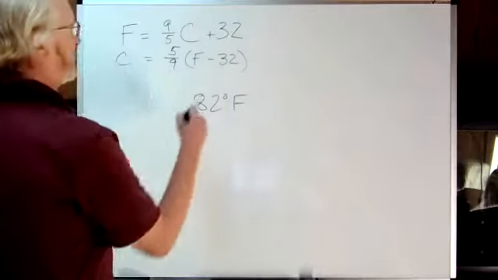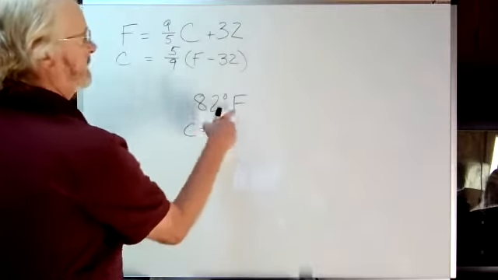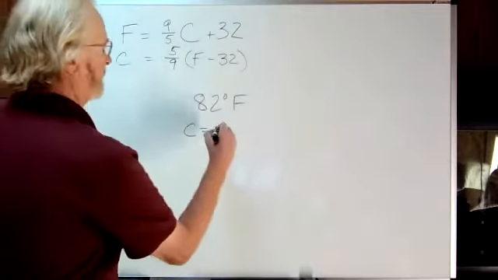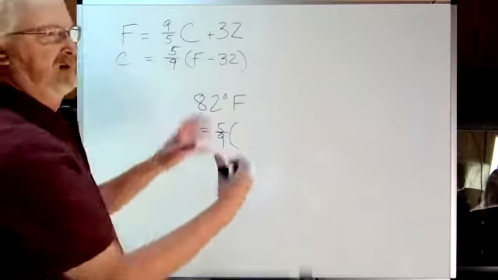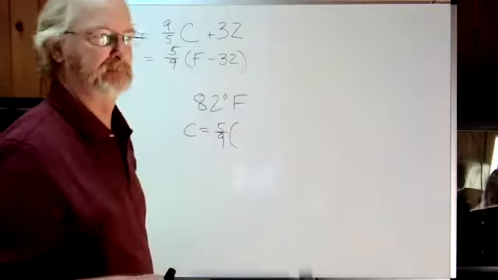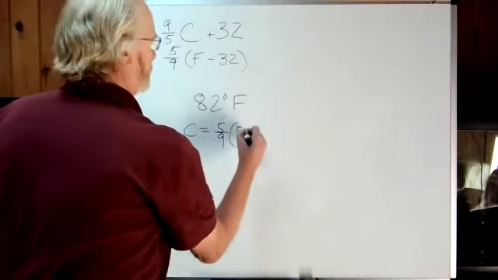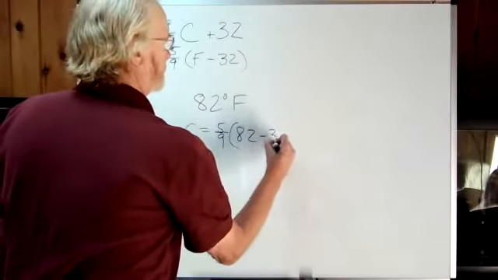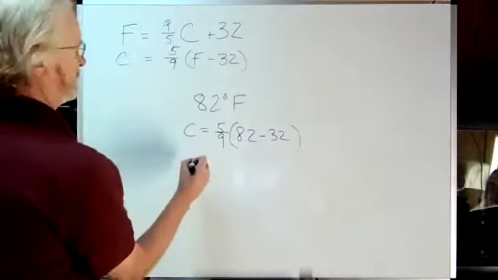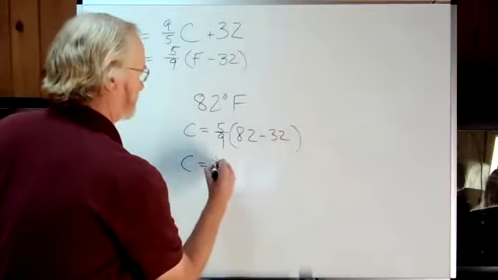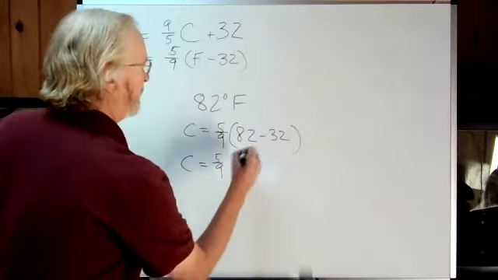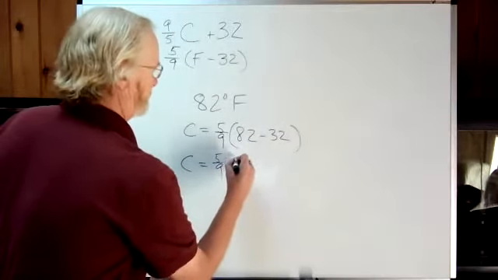Here I go, plugging in that Fahrenheit temperature. This one has this parenthesis quantity. We have to back up and subtract that 32. Oh, I made myself a nice number, didn't I? So just order of operations, simplify inside. And that's now a 50, isn't it?